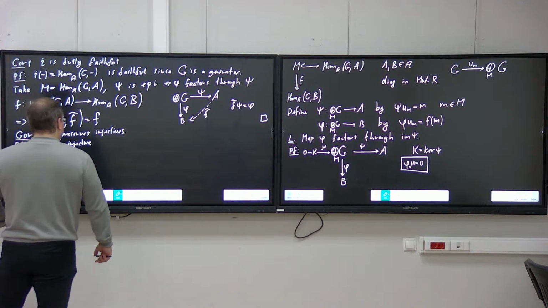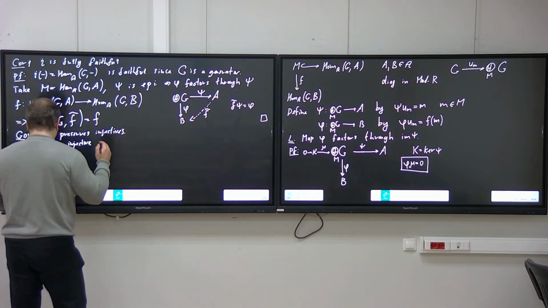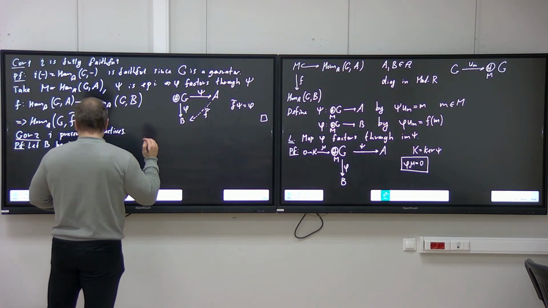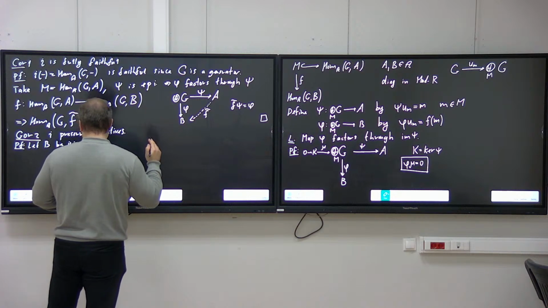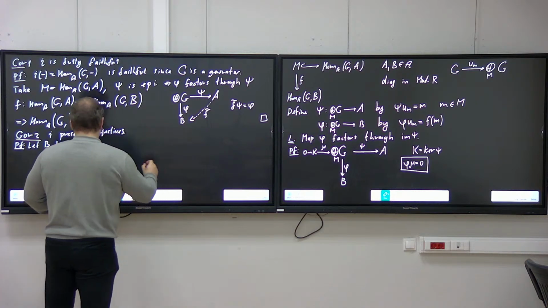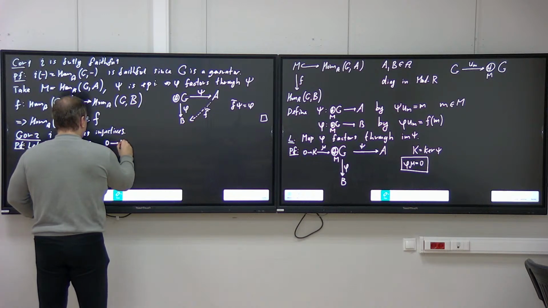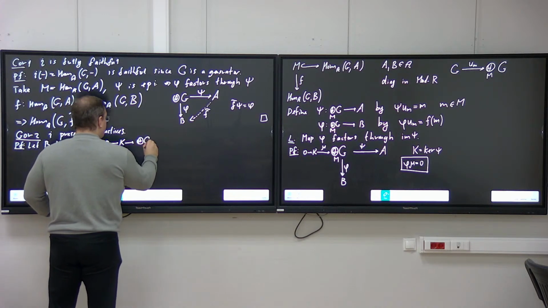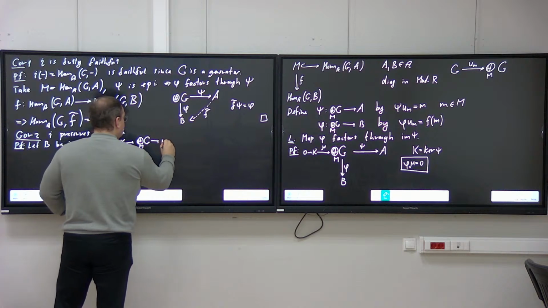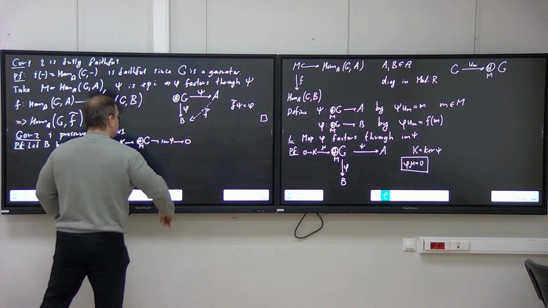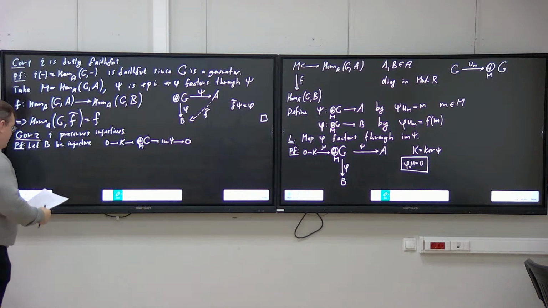Well, first of all, the observation is that if I look at the same diagram, I can write something like this. I have 0, the kernel, the direct sum of the G taken over M, then the image of psi, so this short exact sequence like this.